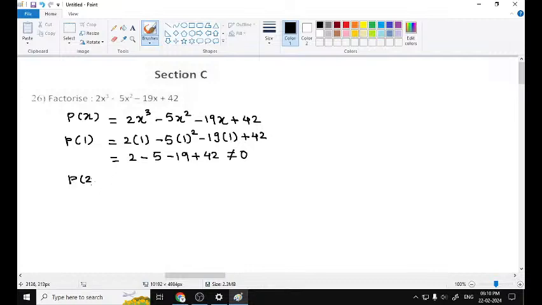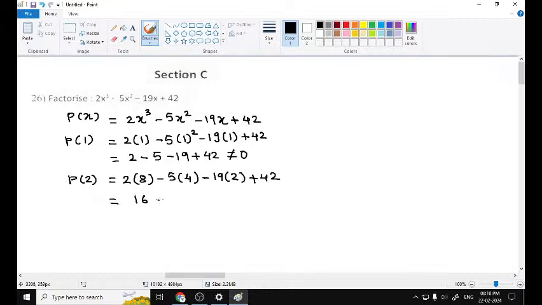Let us try putting x is equal to 2. That gives 2 into 2 cube is 8, minus 5 into 2 square is 4, minus 19 into 2 plus 42.